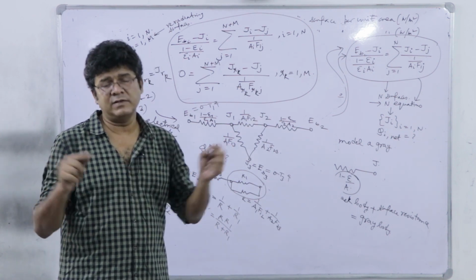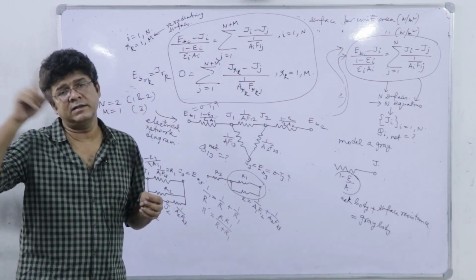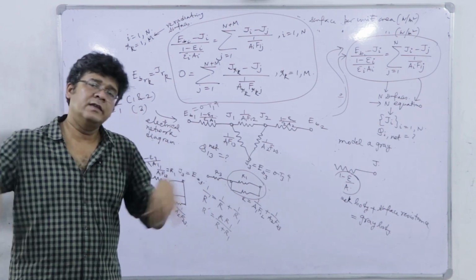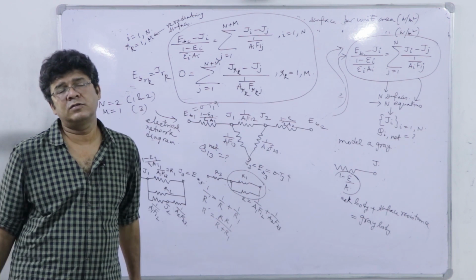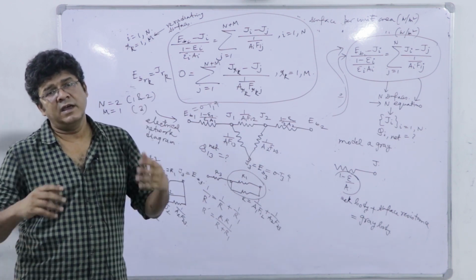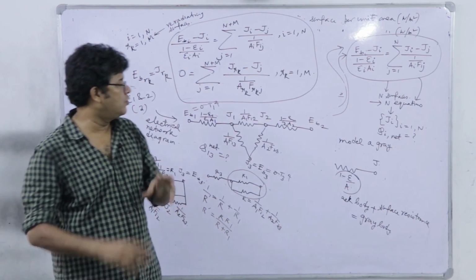So, 1 to 5 is a direct pathway, then 1, then 2 to 5, 1, then 3 to 5, 1, then 4 to 5, intervening one body, then intervened with 2 surfaces, then finally intervened with 3 surfaces, right? And all these are connected in parallel, and from there it will be a huge expression.